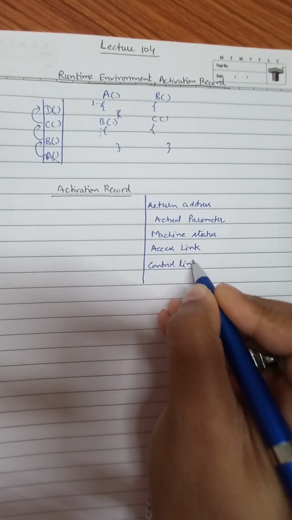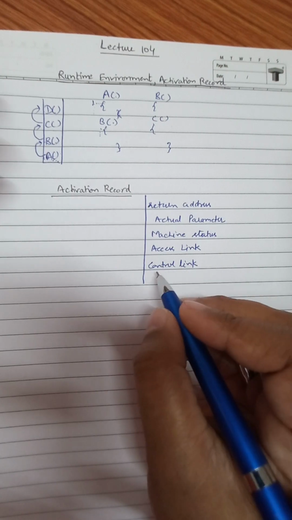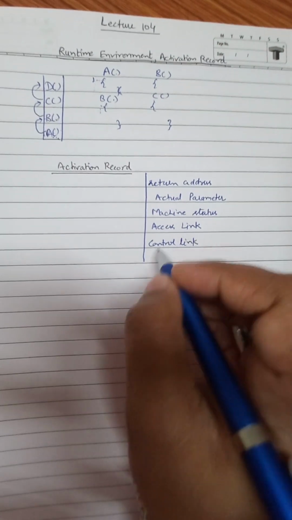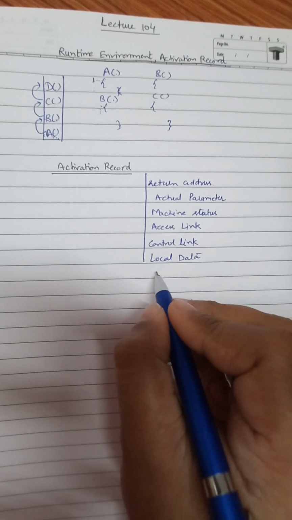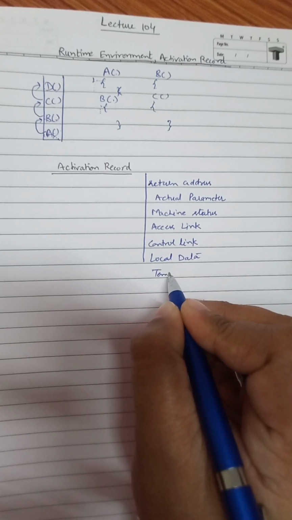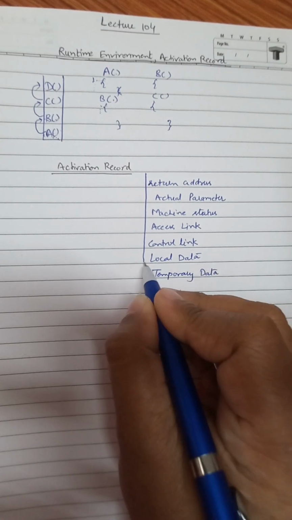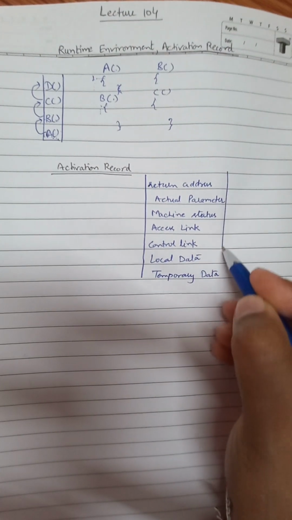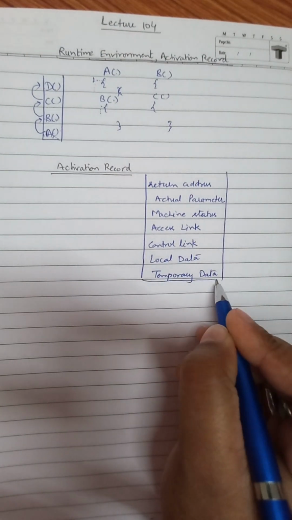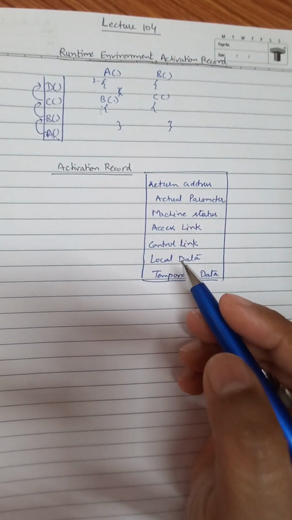Control link means which function you are calling, like A function is calling B. Local data, as I'm saying, variables. And temporary data, like if we are swapping something from one variable to another variable, we need temporary data for the time being. So all these things come under activation record.